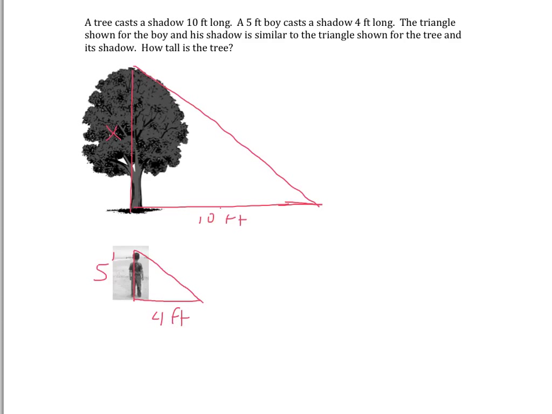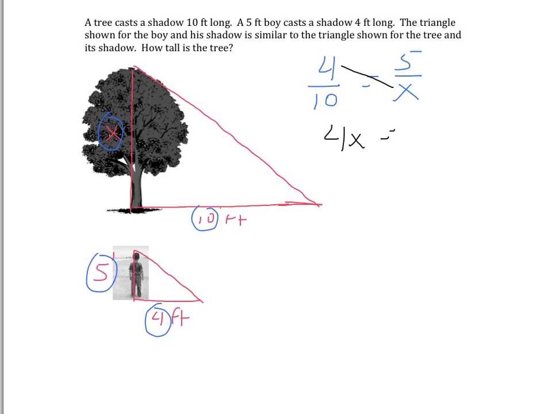So I'm going to set up my proportion. Again, I like to go small to large. So I'm going to use 4 is to 10 as 5 is to x. Now that I have my proportion set up, I can solve for the height of the tree simply by using the cross products. So 4 times x is 4x is equal to 10 times 5.